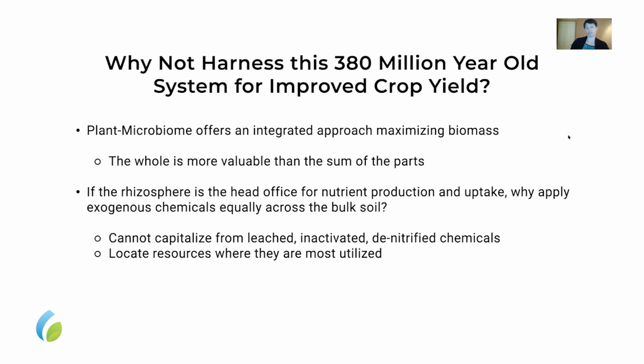And although there's value in that, and we'll probably never get away from that completely, if you think about it from a pure economic perspective, you're putting down a lot of chemical that, based on what we just understood about the plants and the plant root system, might not ever be available to the plant. It can be leached off, it can be inactivated, it can be denitrified. So it typically falls into that waste category, and you're not going to be able to capitalize on what you put down there anyhow. Ideally, we'd like to locate these resources as close to where they are most utilized. In this case, it would be the root system. Next slide.